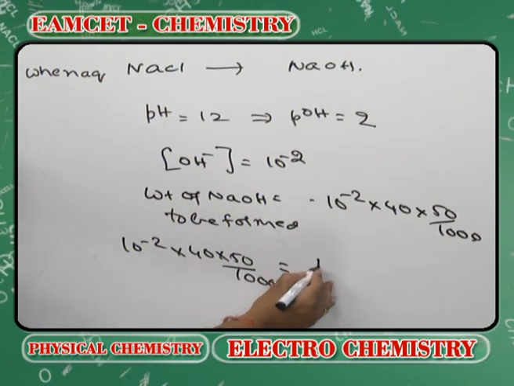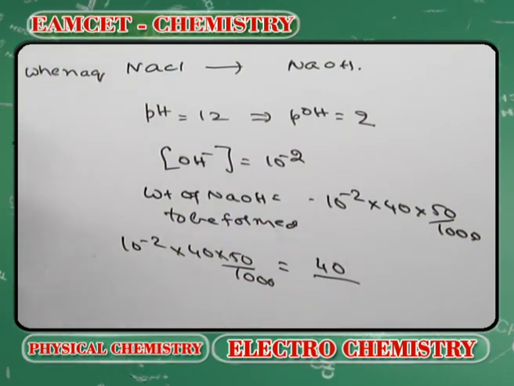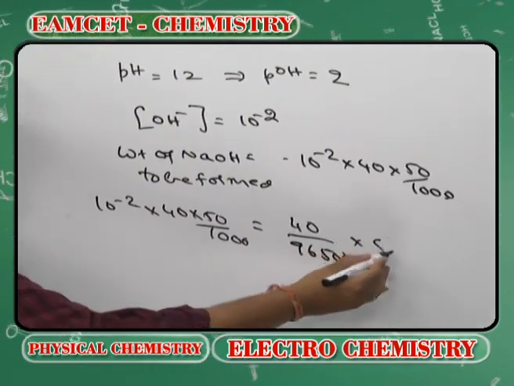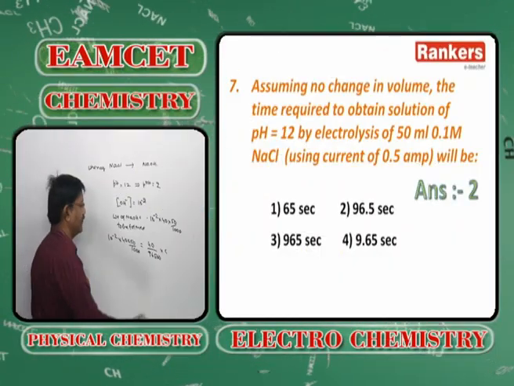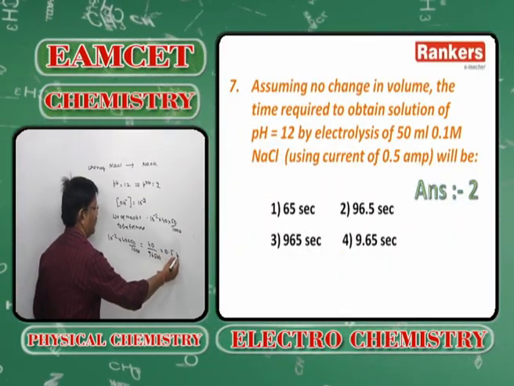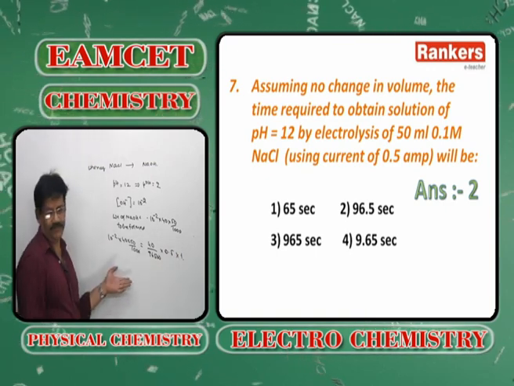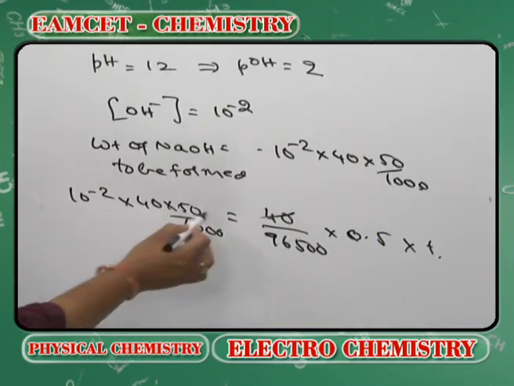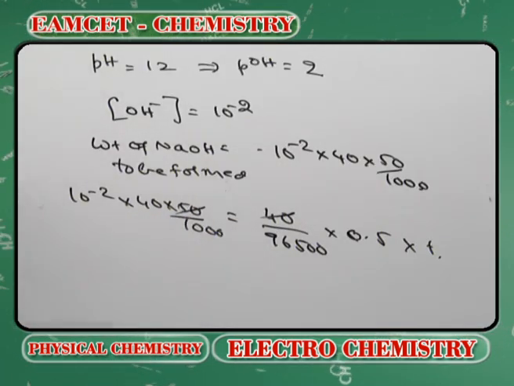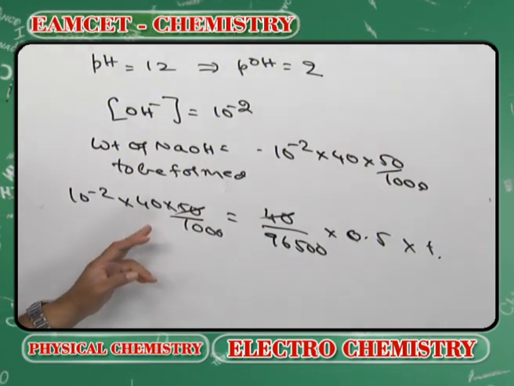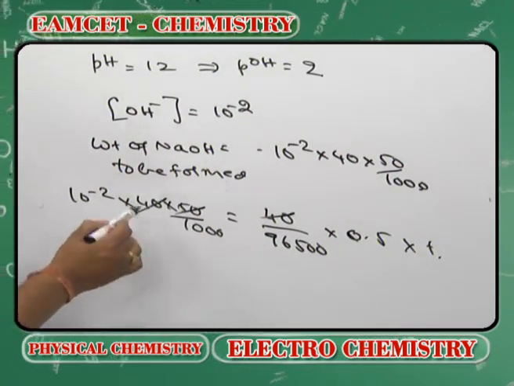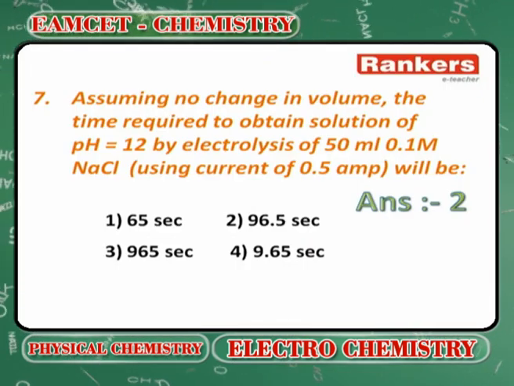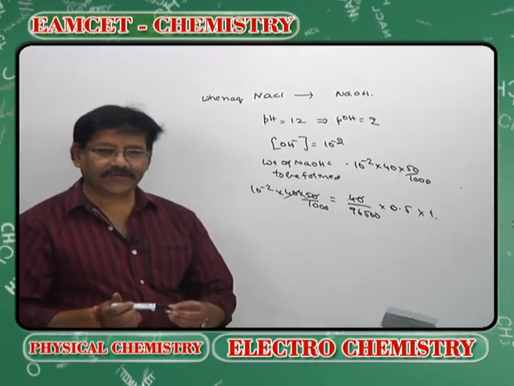This weight is equal to E times C times T by 96,500, where E is 40 and the current C is 0.5 amperes. From this we can find the T value. The 40 gets cancelled out, and simplifying it, T is equal to 96.5 seconds. We will continue in the next class.